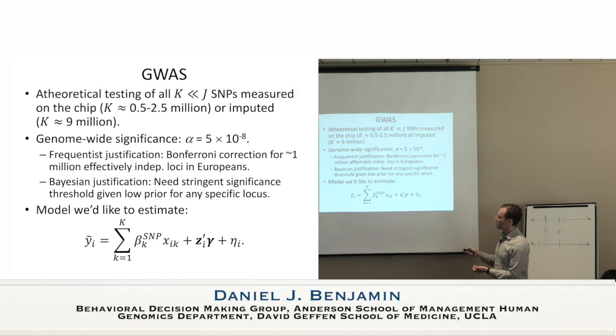So here we're just indexing up to k, the k SNPs that we've actually measured in the data. Notice also I've labeled this coefficient beta SNP rather than beta, because it's not necessarily the same as the causal beta. So why is it not necessarily the same as the causal beta?